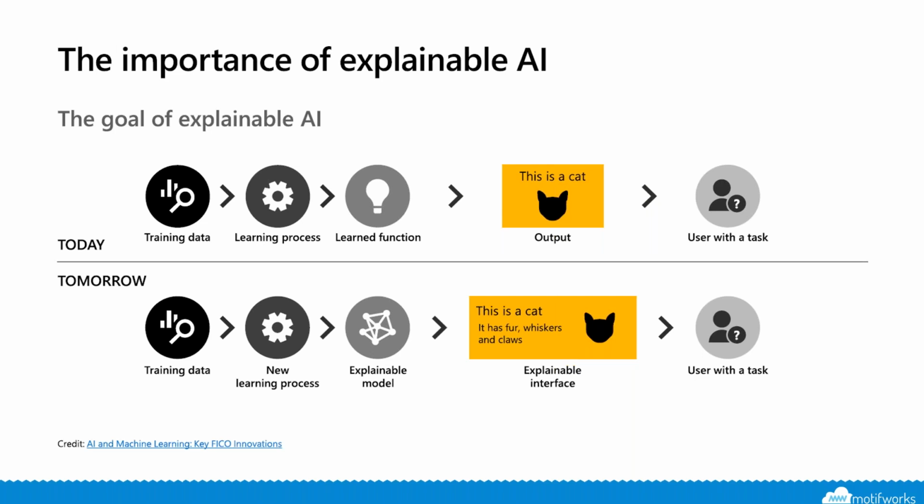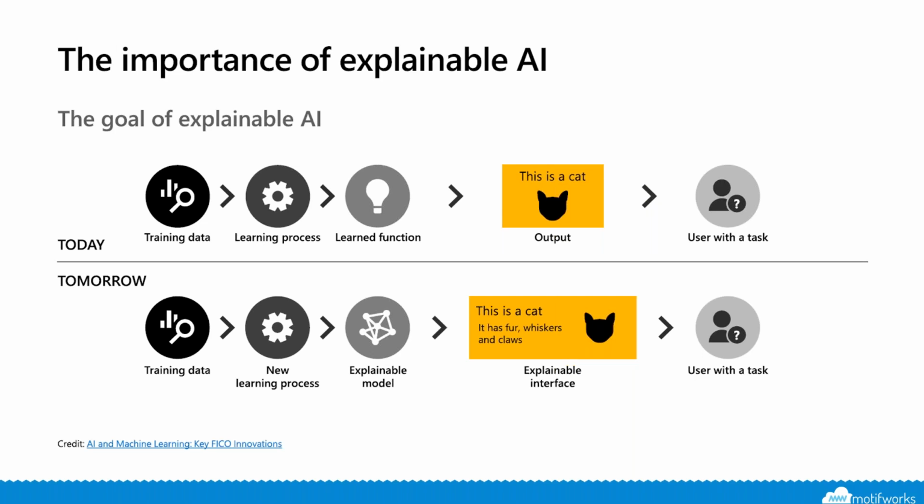This is a FICO kind of analogy that I'm using to explain. Typically, if you go through training data and make it go through the various learning processes, the output is going to be, this is a cat. This animal that we were looking at is a cat. But the user might have questions: why did you say it's a cat? How did you identify this is a cat?